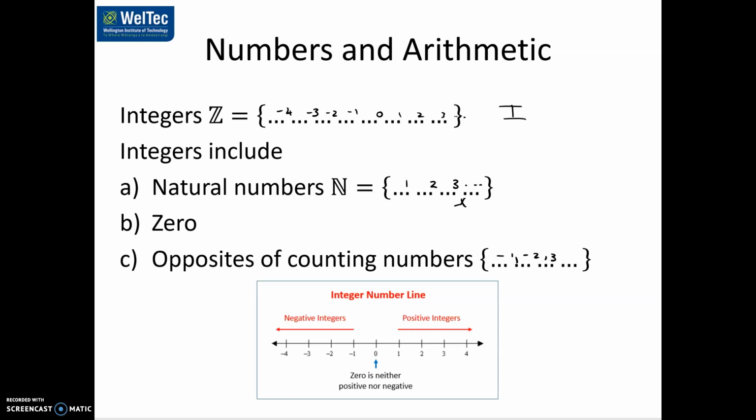They're made up of the natural numbers, 1, 2, 3, and so on, and 0, and the opposites of all of the counting numbers. A useful way to think of the integers is to use a number line, an integer number line. The further a number is to the right, the greater it is. So the further to the left, the more negative it is, the smaller it is.